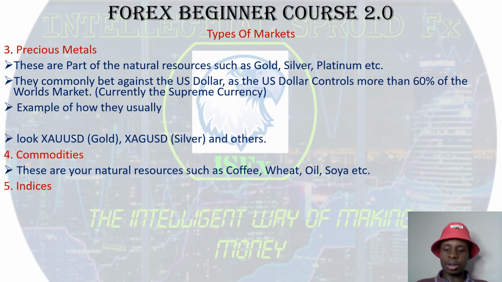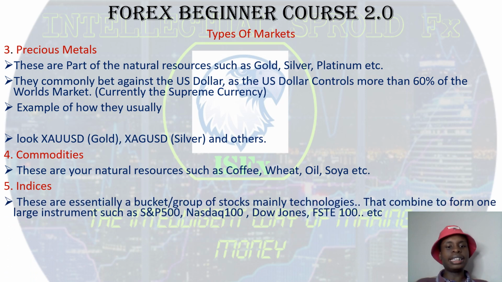Indices are more like a collective, essentially a bucket or a group of stocks, mainly technologies as I've mentioned. Here is where you find your Apple, Microsoft, and Amazon combined together to form one particular instrument.